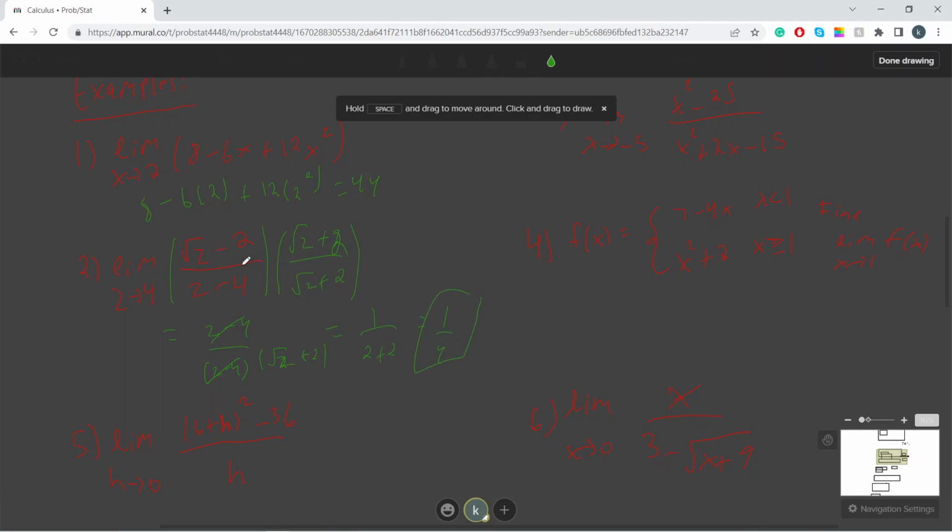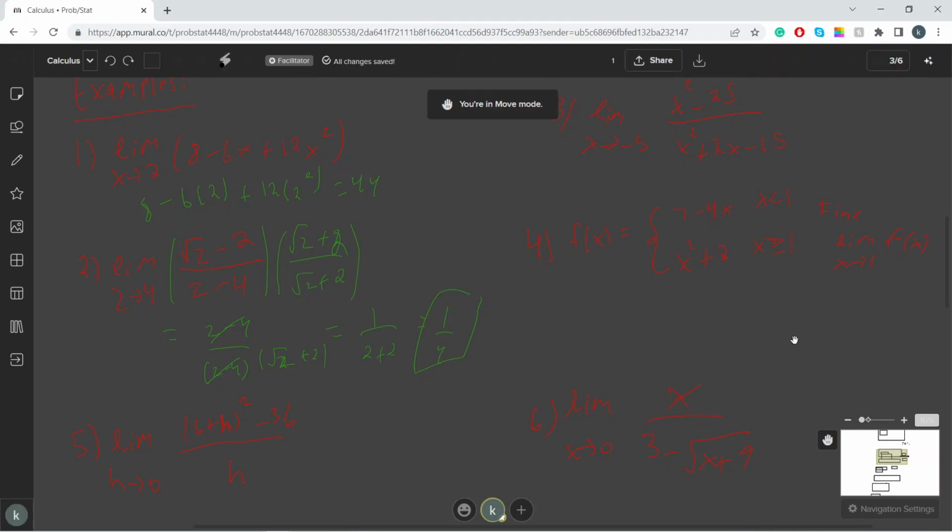So for a problem like this, you want to use the conjugate. That way, you're getting rid of this pesky z minus 4. Cool. So hopefully that makes sense to you. We're going to move on to problem number 3.